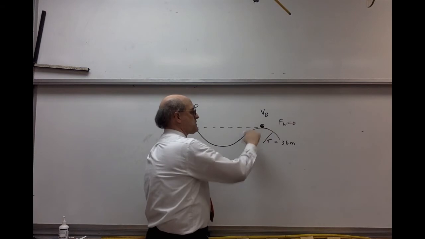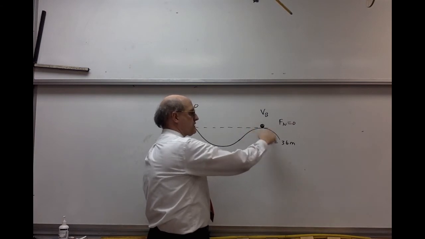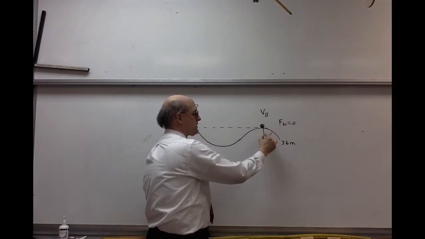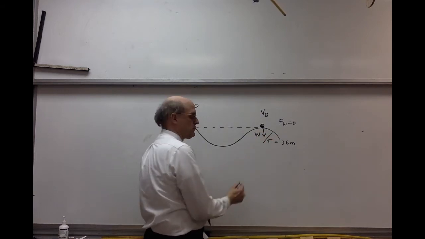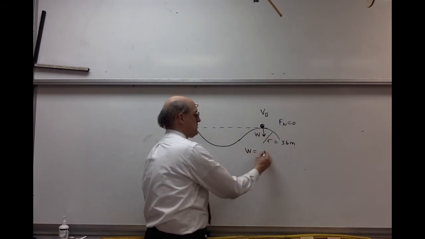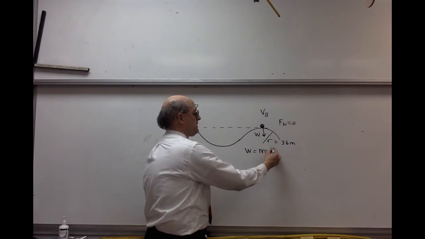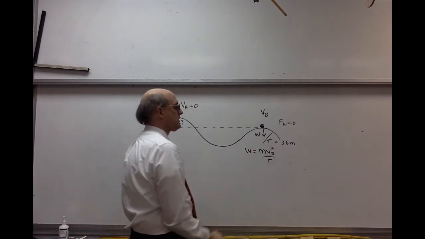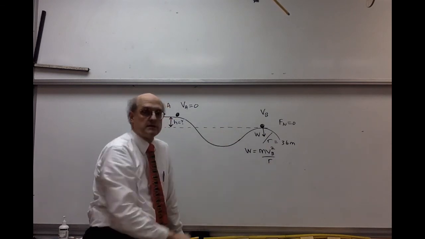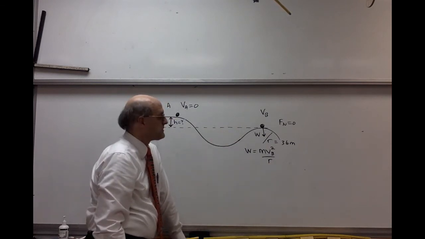because since the skier is traveling on a circular path at the crest, there has to be a center directed net force, and that would be his weight. So we can set that equal to his mass times his acceleration, which is also center directed, which is equal to v squared over r, where I put a b there because that's the speed at the top of the crest.